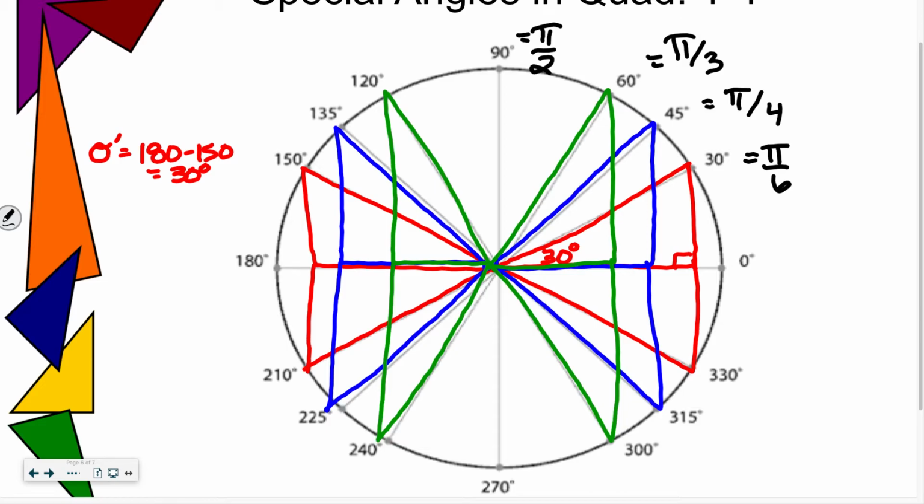Okay, so let me help you out with the special angles in these other quadrants. Remember all the reference angles in quadrant 2 are pi minus the angle? Well, for this red one, that's pi over 6. What's 1 pi minus pi over 6? 1 minus 1/6 is 5/6.